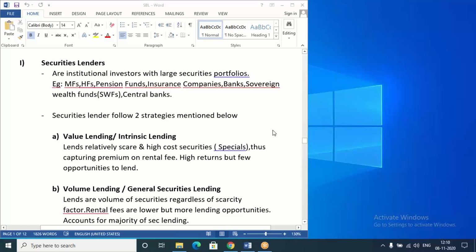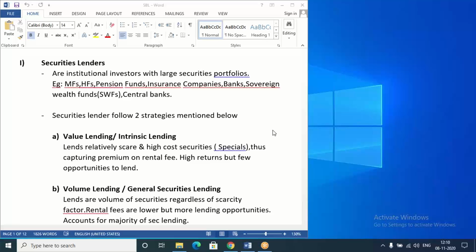Security lenders are usually institutional investors who have large securities portfolios, like mutual funds, hedge funds, pension funds, insurance companies, banks, sovereign wealth funds, and central banks.